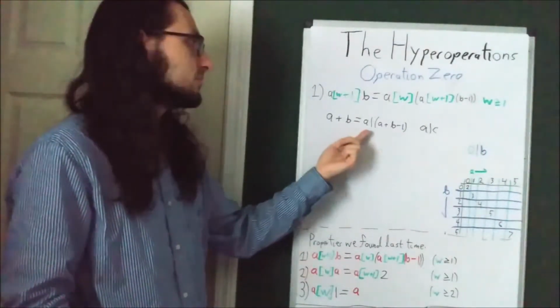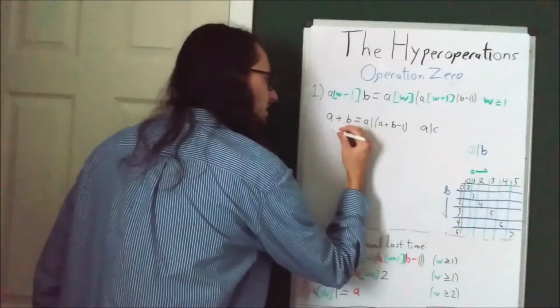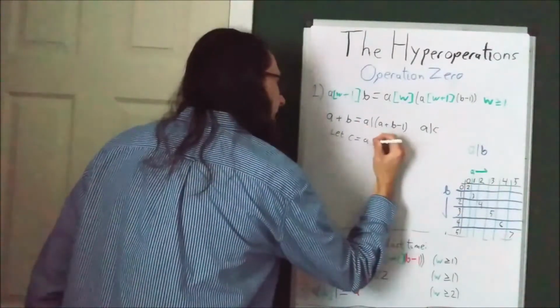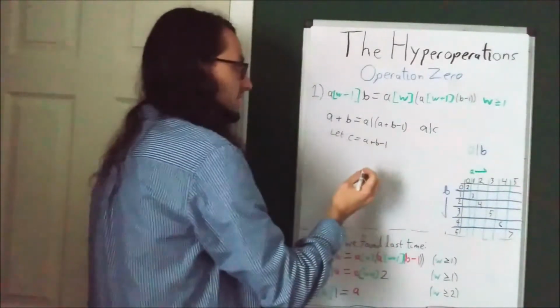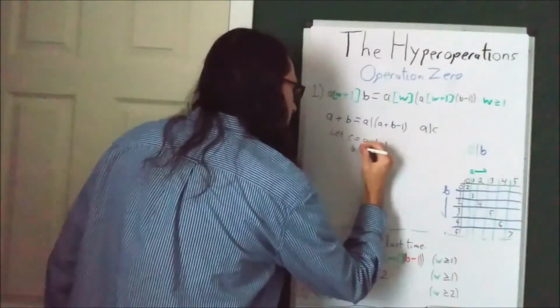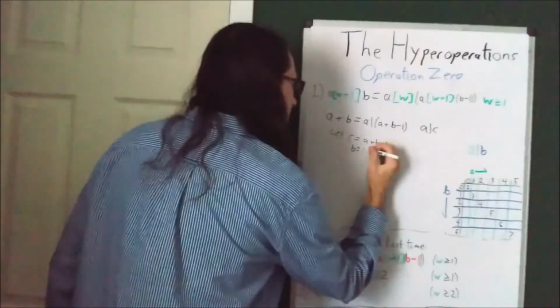Then we'll have A zerated with C on the right. So let's let C equal A plus B minus 1. So this also happens to mean if we solve for B in this equation, B equals C minus A plus 1.